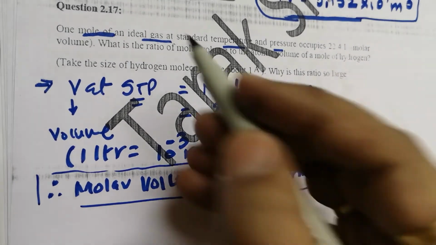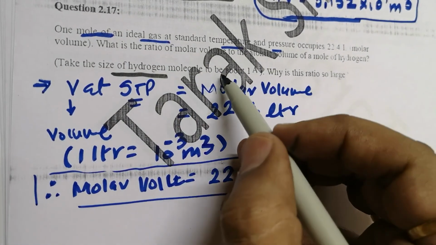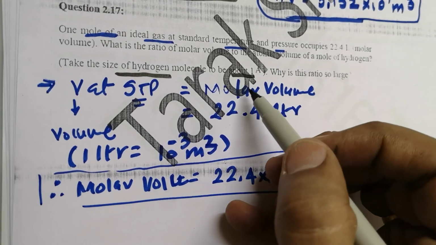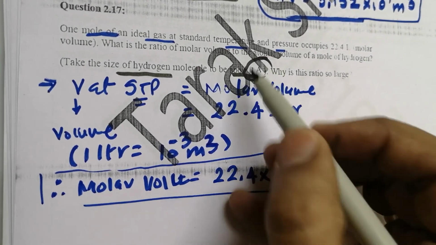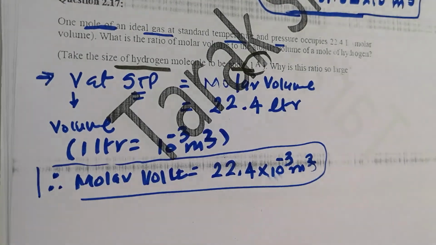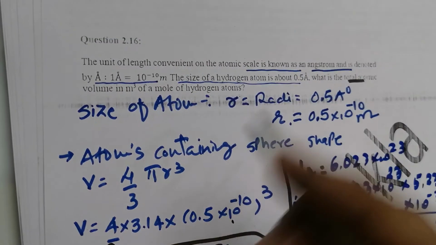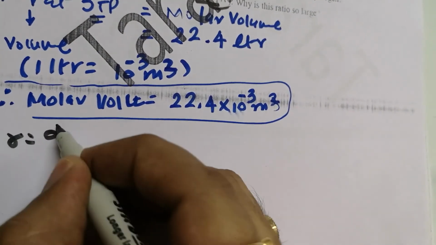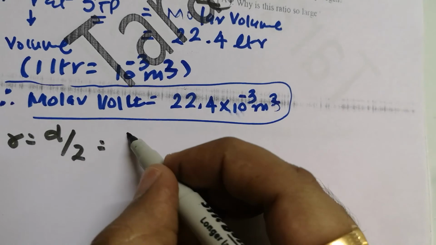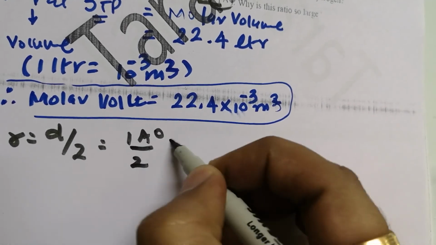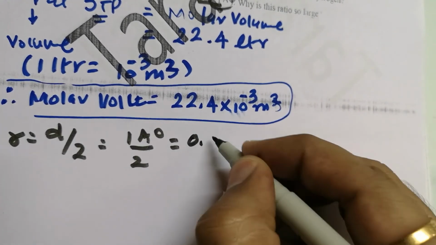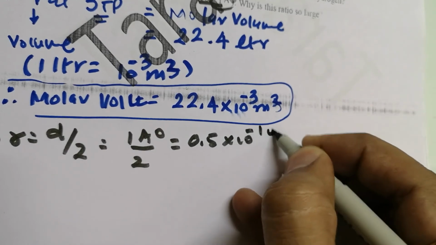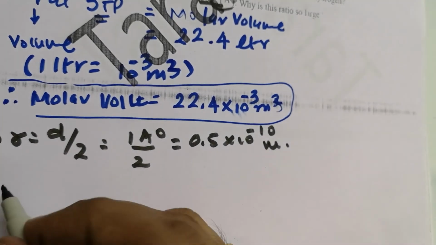And then the size of the hydrogen will be 1 angstrom. It is not quite visible, but it is actually 1 angstrom. As given previously, the size means the radius. We can just find it out. Radius equals diameter divided by 2. My diameter is 1 angstrom divided by 2, so my radius is 0.5 times 10 to the power minus 10 meters.